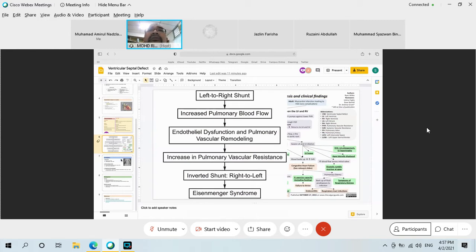But in a few years' time, if you do not treat the VSD, the patient can develop Eisenmenger with a large VSD. Like ASD, that is the end stage when there is reversal of the shunt. End stage is irreversible and inoperable. You cannot do anything already. Okay, next slide.